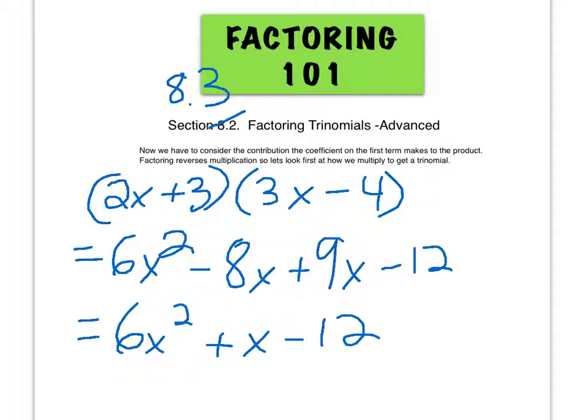Nothing else contributes to those. So it's the factors of those two terms that actually create our factors. The term in the middle is there so that we can figure out which factors of those two terms will create that particular term in the middle, because it comes from two different products, the outside product and the inside product.